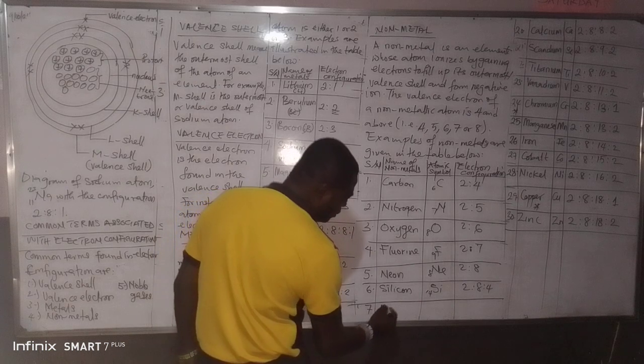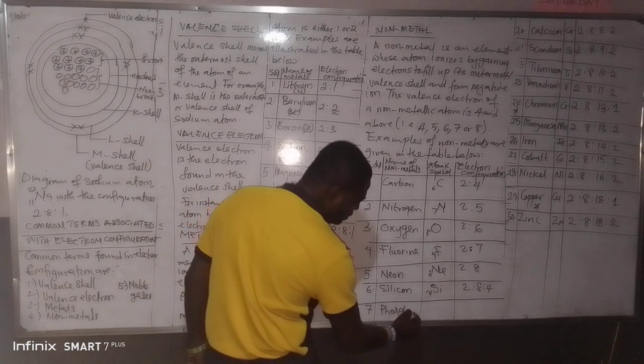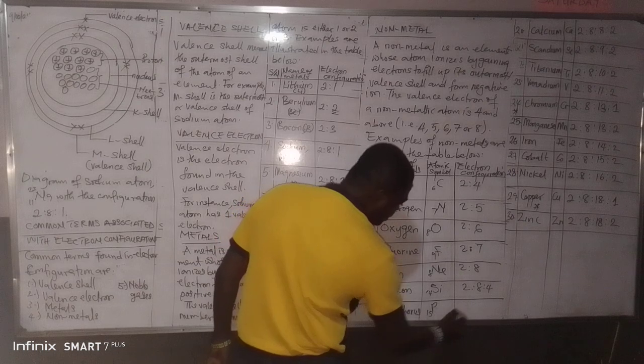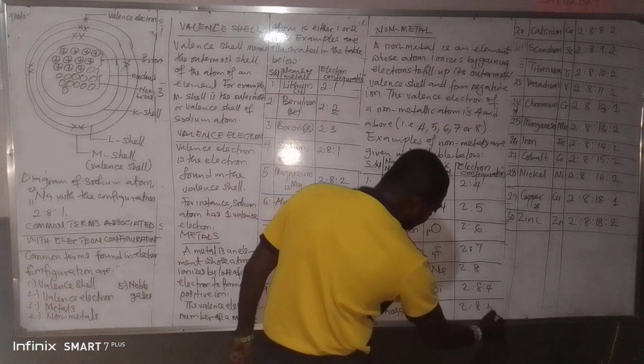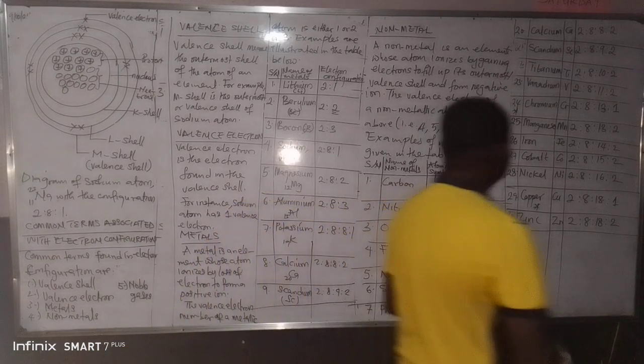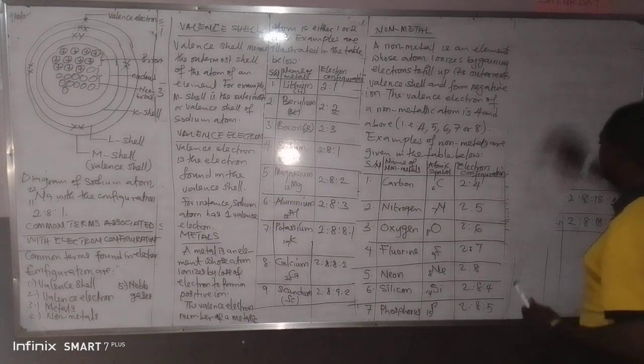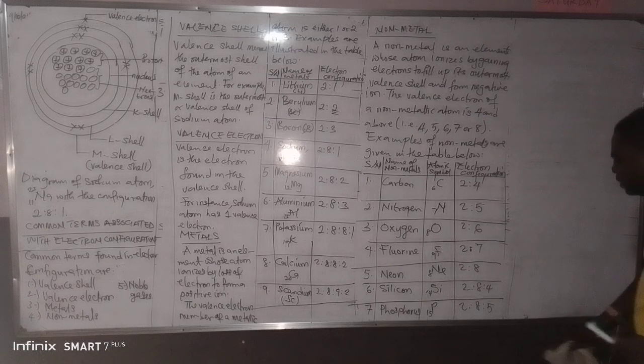Next is phosphorus, P15, that's 2 to 8 to 5. All these are non-metals because their outermost electron is 4 or 5 or 6 or 7 or 8.